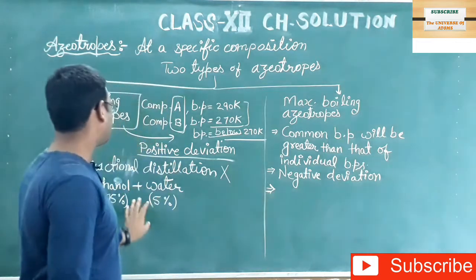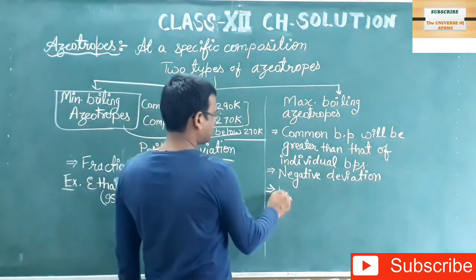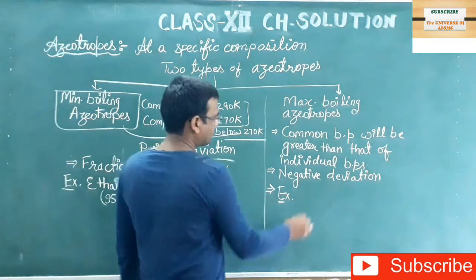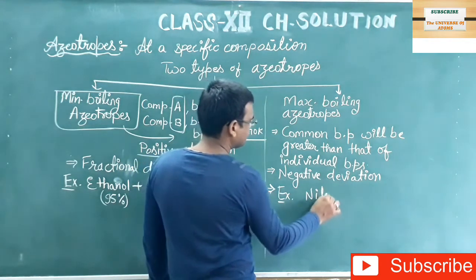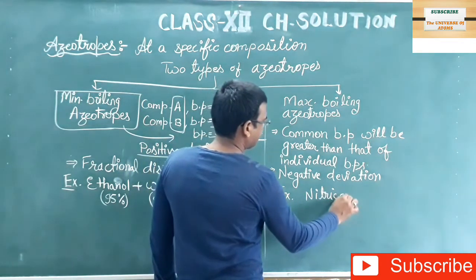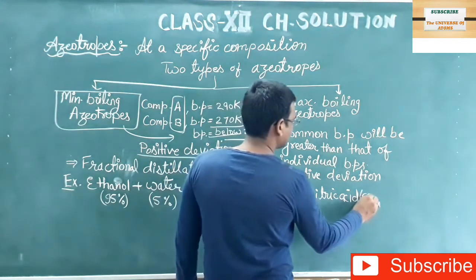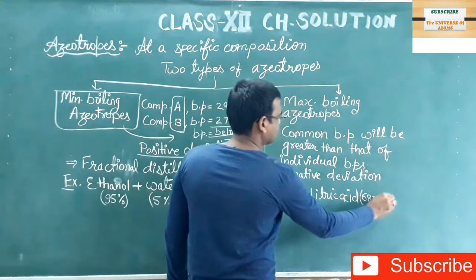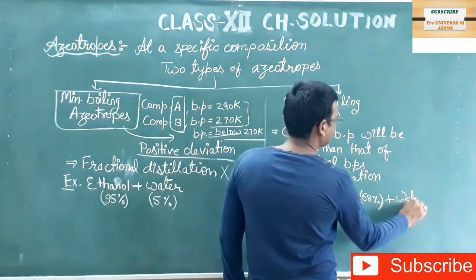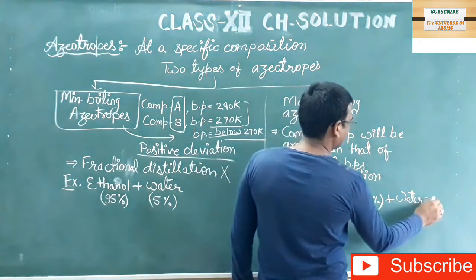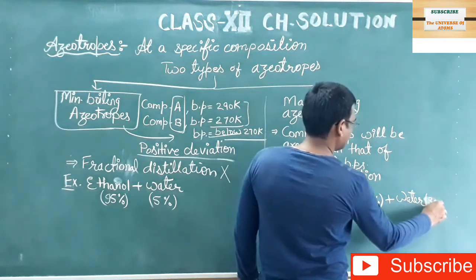Next, examples are important. Example: the mixture of nitric acid 68% plus water 32%.